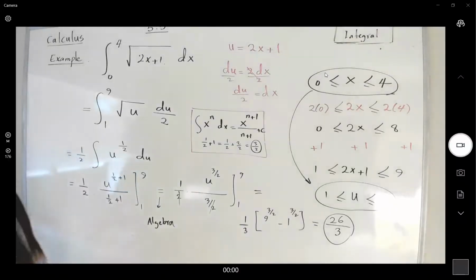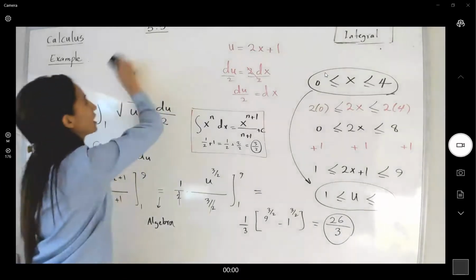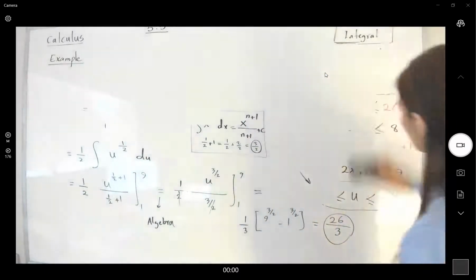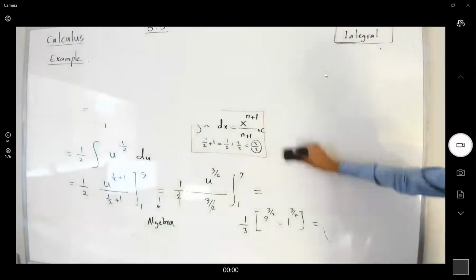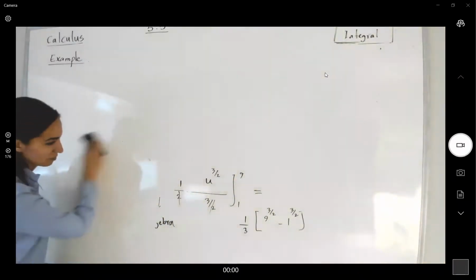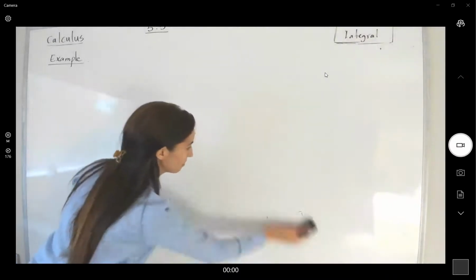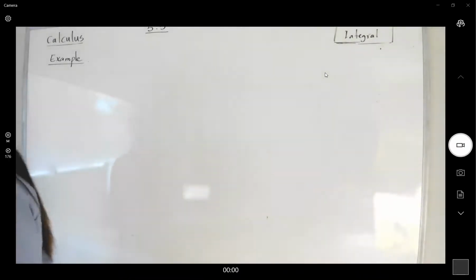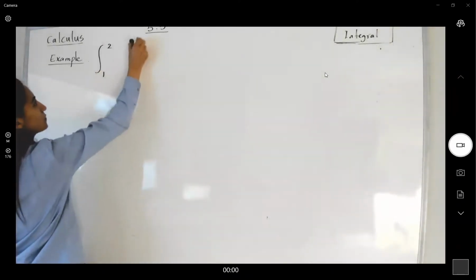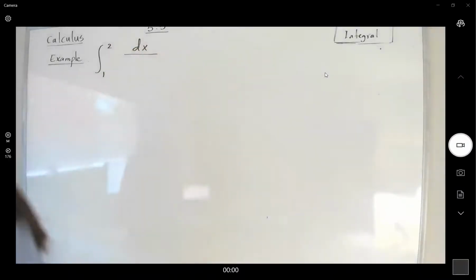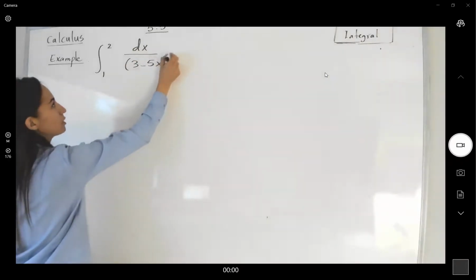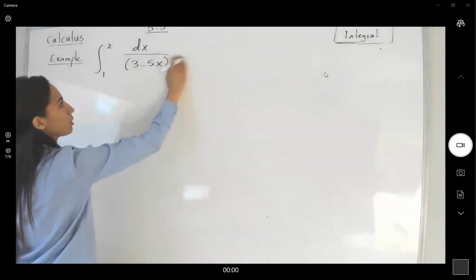Very well. So let's take a look at this case. We have the definite integral from 1 to 2 of dx divided by, well, 3 minus 5x, all raised to the second power.